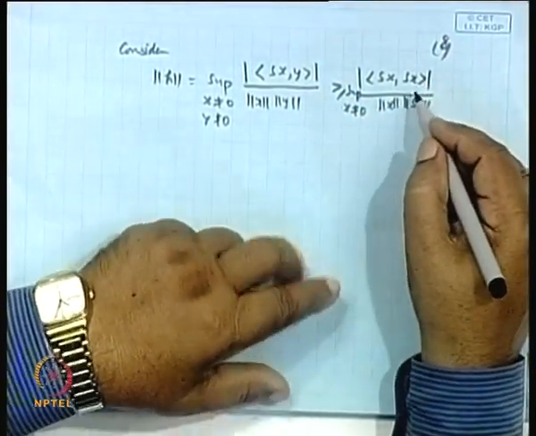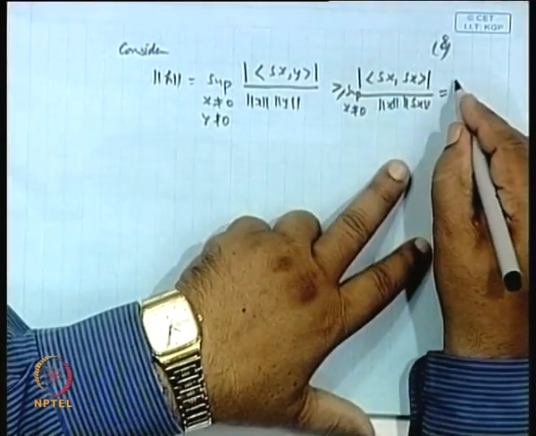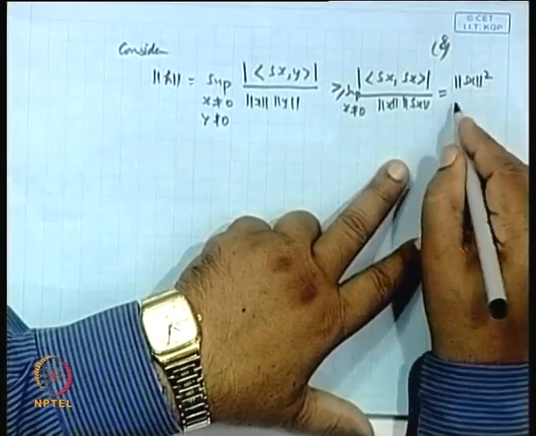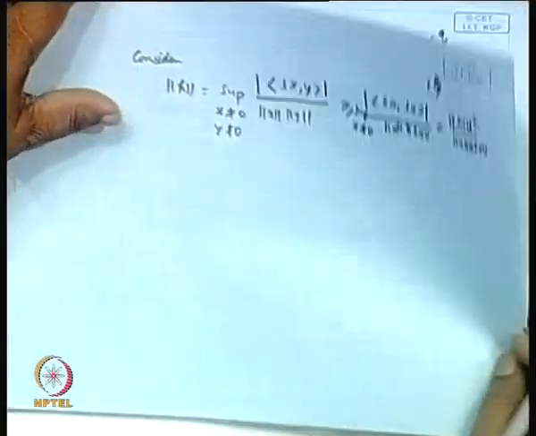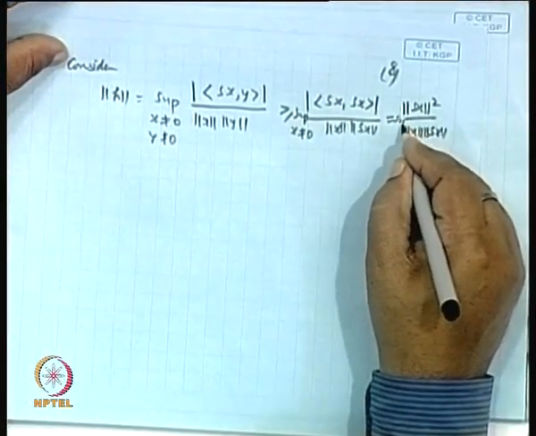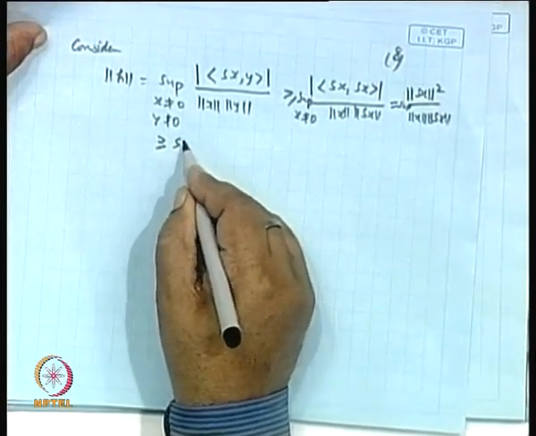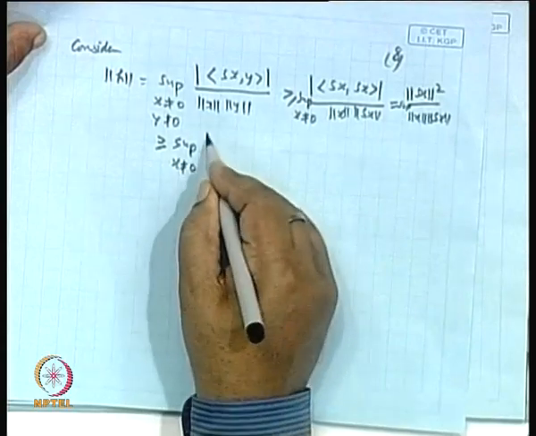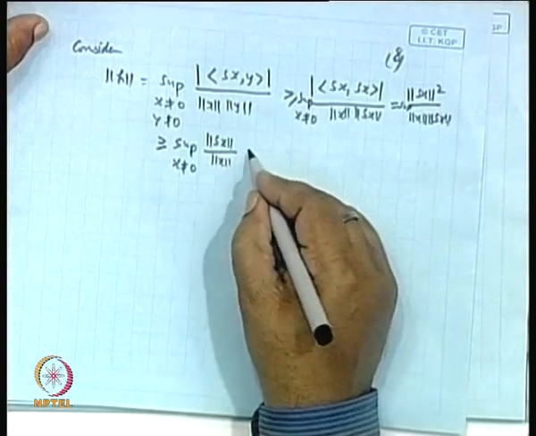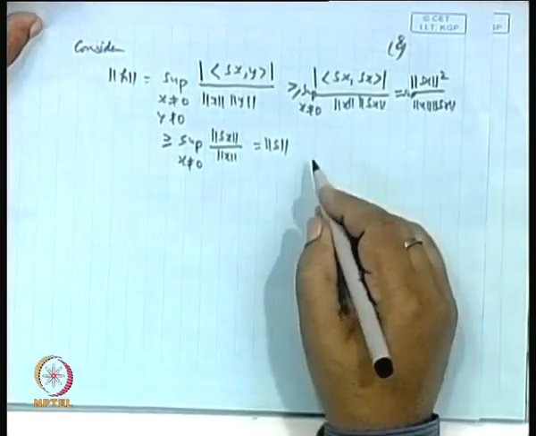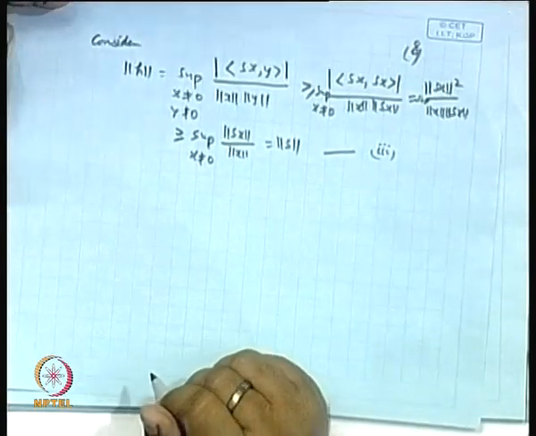But this inner product of Sx with Sx is norm Sx squared, is it not? So, we get norm x, norm Sx, and then the supremum. So, this will be greater than or equal to the supremum over x not equal to 0 of norm of Sx by norm x, and that is nothing but norm of S. So, we get that norm of h is greater than or equal to norm of S.